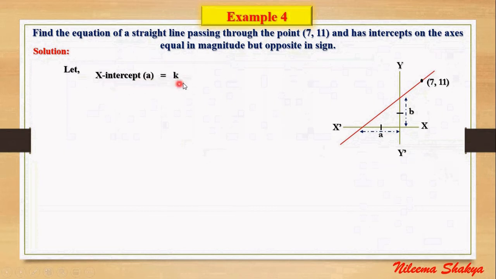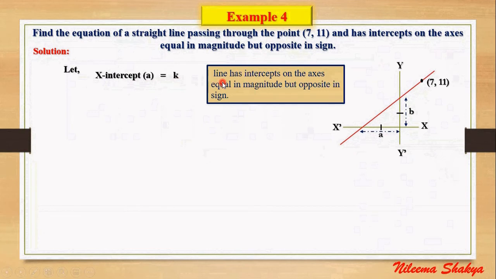The value of k may be positive, may be negative, but we suppose the x-intercept A as k. According to the question, the intercepts on the axes are equal in magnitude but opposite in sign. So we must take intercept B equals minus k. Magnitudes are equal, k and k, but opposite in sign.